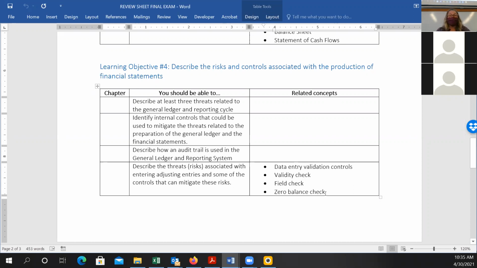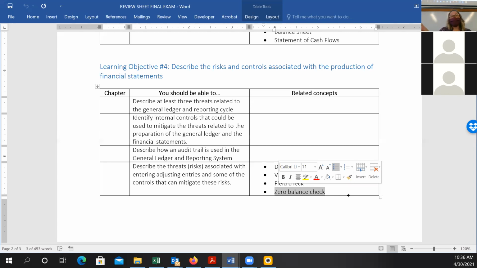I can show you some of these in QuickBooks, but if you were to take a guess, what does a zero balance check sound like? I've gotten this error a couple of times when I was practicing QuickBooks in preparation for lecture. So every transaction should have at least one debit and at least one credit, and debits need to equal credits, right?